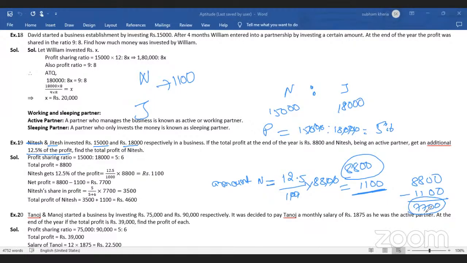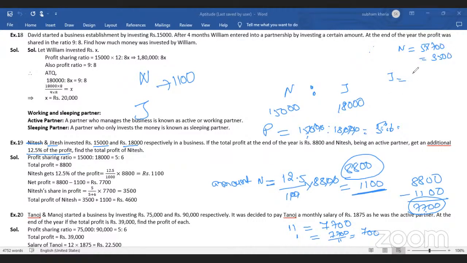Now this profit will be distributed in what ratio? 5 and 6. So if 5 and 6 is the ratio, the total will be 11. So 11 parts equal 7,700. One part will be 7,700 by 11, that is 700. Nitesh will get 5 parts, so 5 into 700, 3,500.